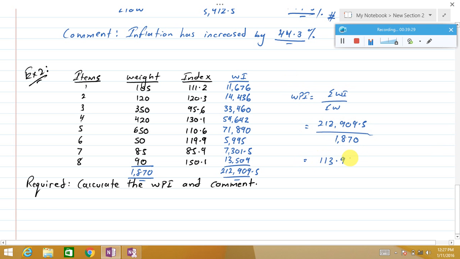We're going to get the same answer. So inflation has increased by 13.9%.